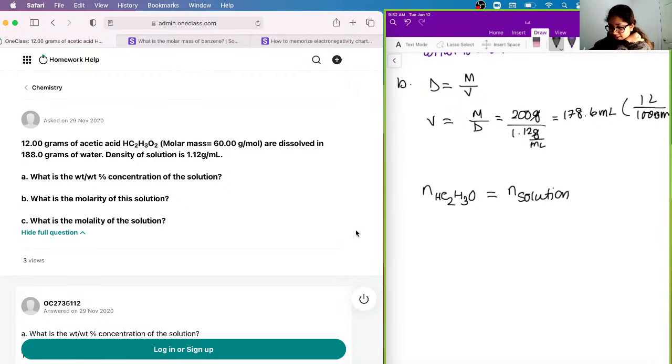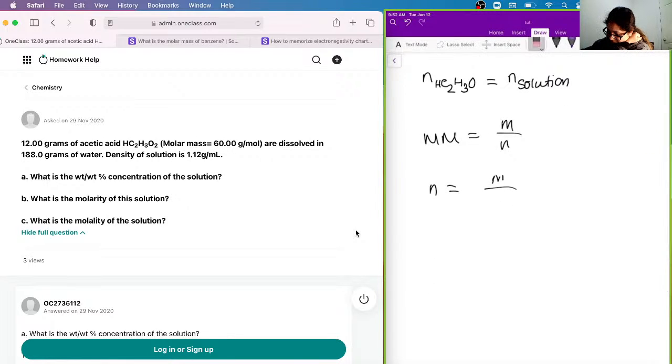So let's find the moles of acetic acid, and recall that molar mass is equal to your mass over moles. So to find moles, you can rearrange this equation. So we have moles is equal to mass over molar mass. So we know the mass of our acetic acid, which is 12 grams, over our molar mass, which is 60.0 grams per mole.